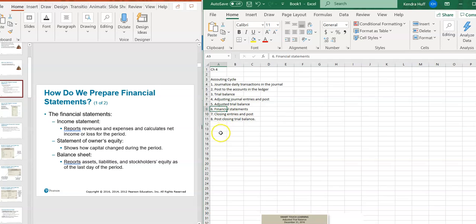So we've already talked about the financial statements. If you recall, the financial statements are the income statement, which shows revenues minus expenses to get to net income or net loss.